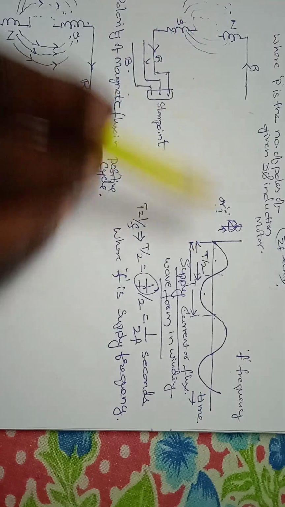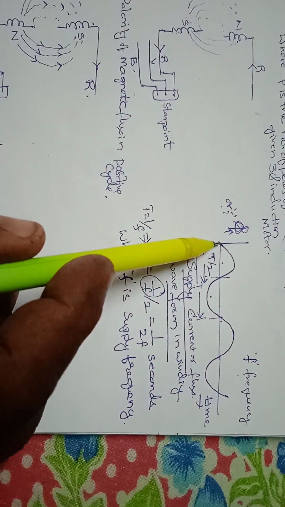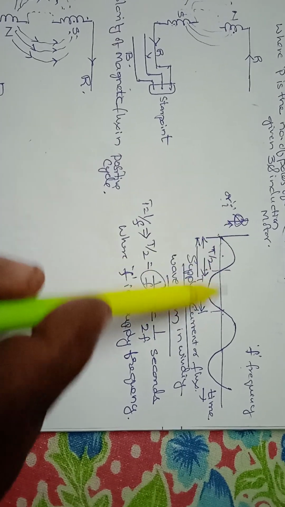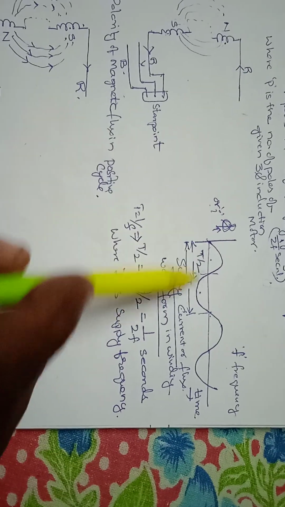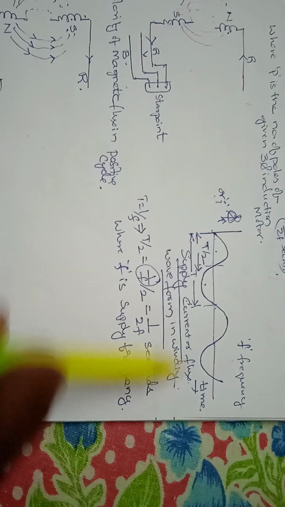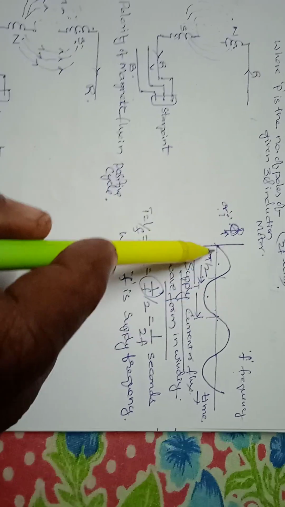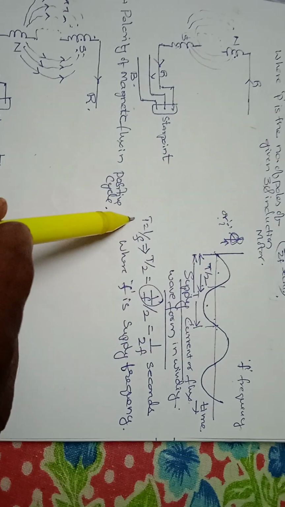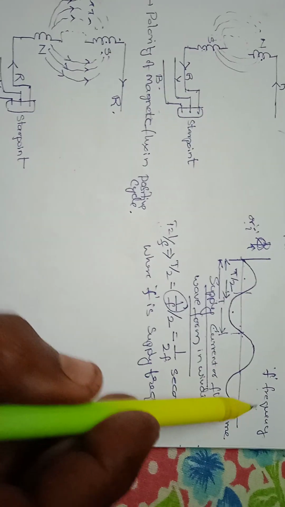Now if you look closely at this waveform, this is the time period of a cycle, taking one cycle from starting value to starting value. Here this is the time axis and this is the magnitude of the current axis. We all know that the time period is equal to 1 by F, the supply frequency.